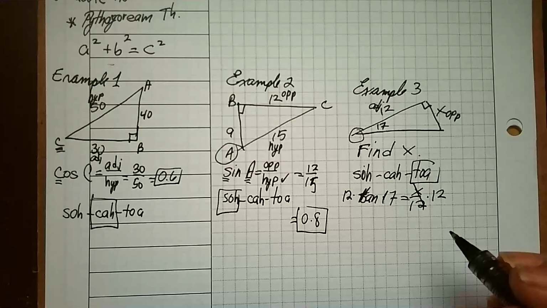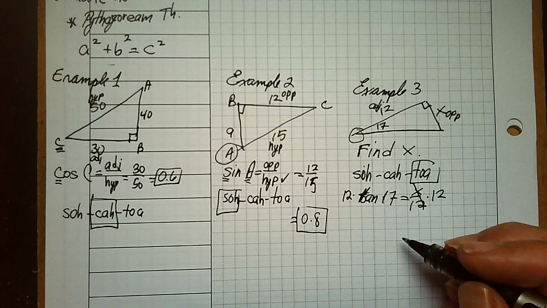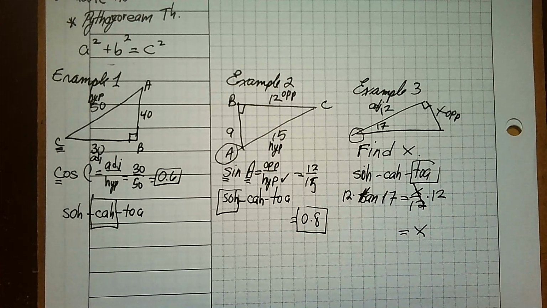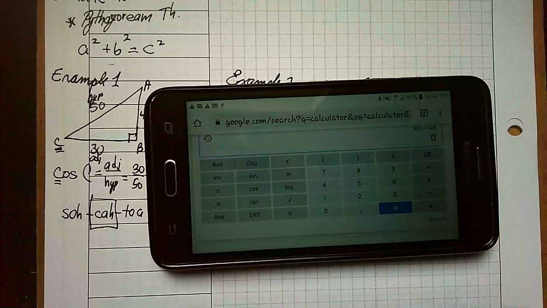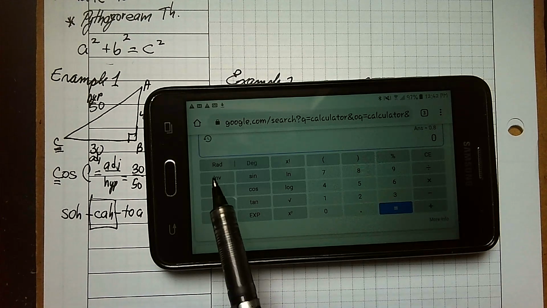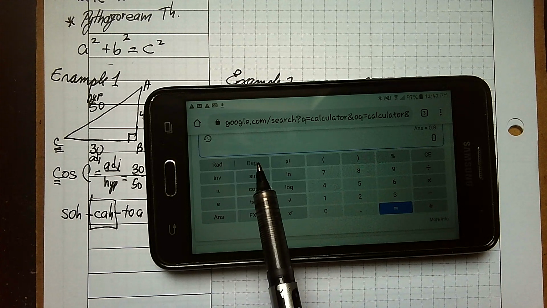Now, get your calculator. And I'm going to do 12 multiplied by tangent 17. Okay? Now, it's very hard to see in here, but right now I'm in radians, and when you do this assignment, it has to be in degrees.